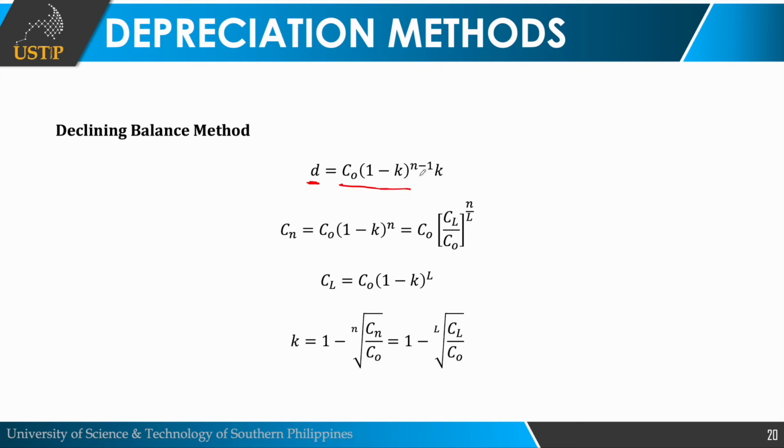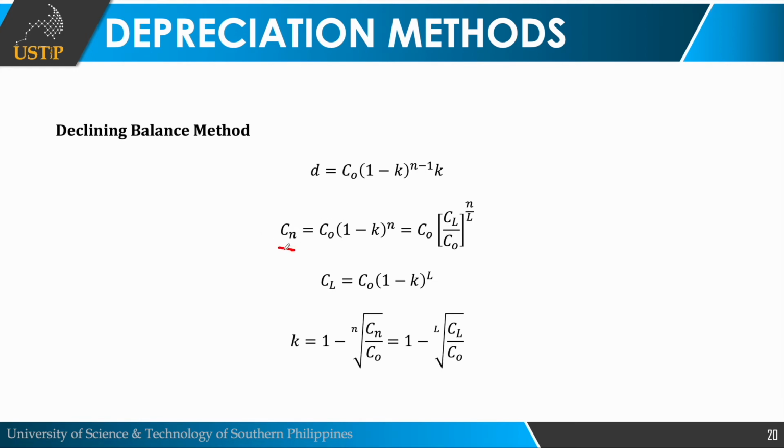Giuna lang kay ganina sa table, giuna lang nato ang k, no. Actually that is c sub o (1 minus k) raised to n minus 1 times k, kato imuhang rate of depreciation. And then for your c sub n, medyo dagan na mo memorize on dili, but practice lang yun and dili na mo lisod mag-recall sa formula.